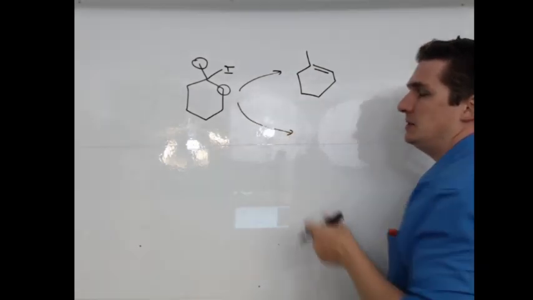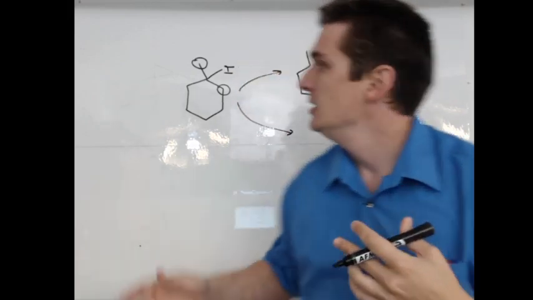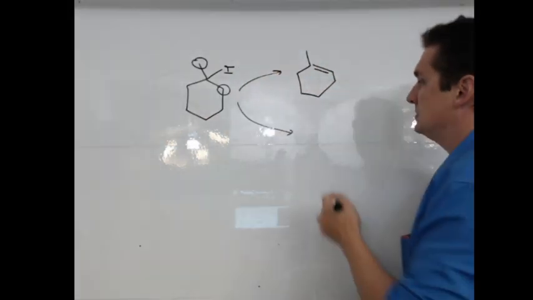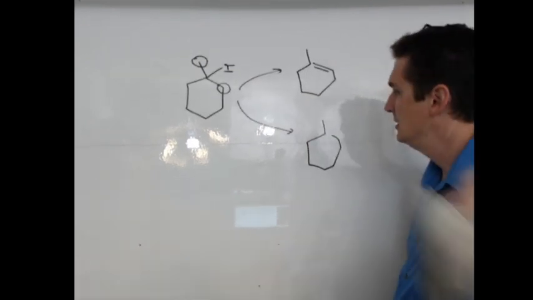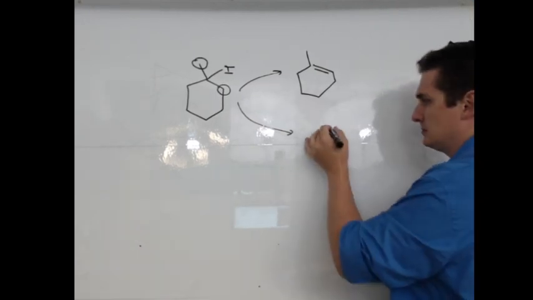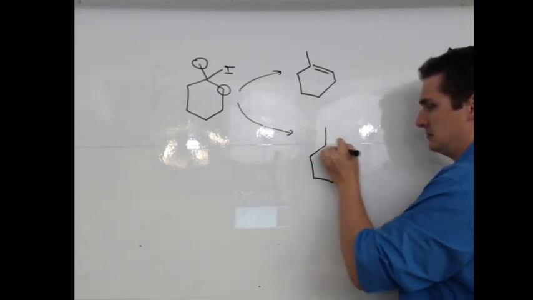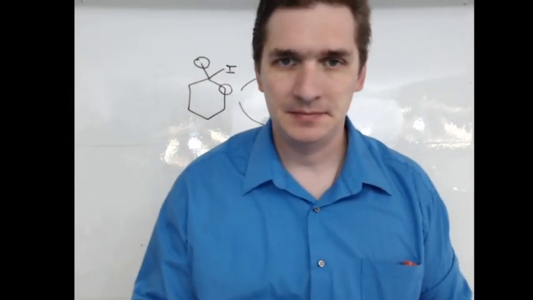That said, if we do happen to go through an E2 mechanism, so for whatever reason our solvent favors that, we can get an elimination from that one. So let's see if I'm right.